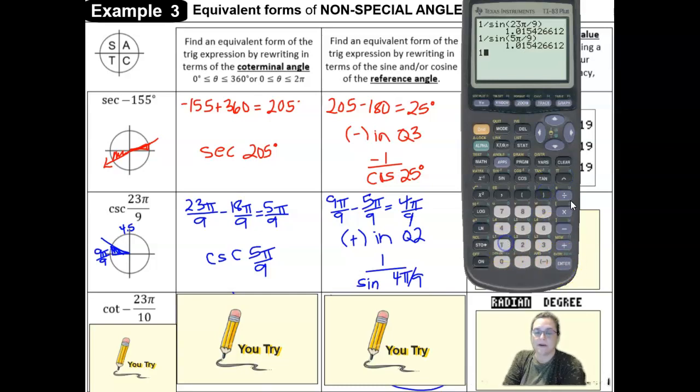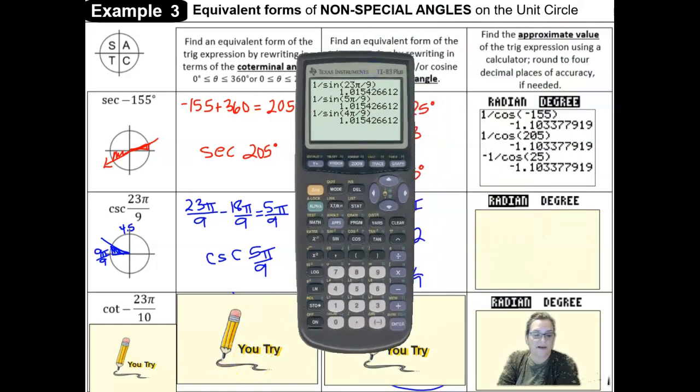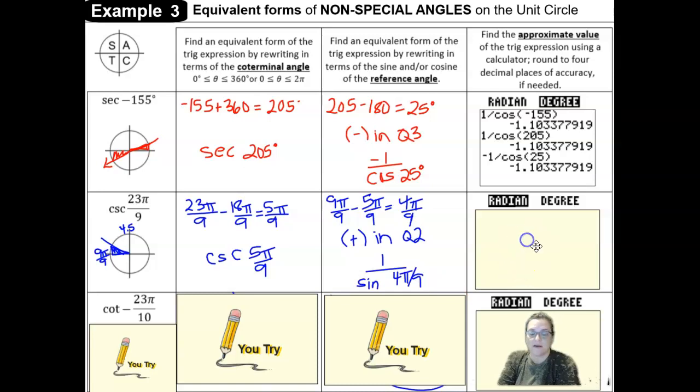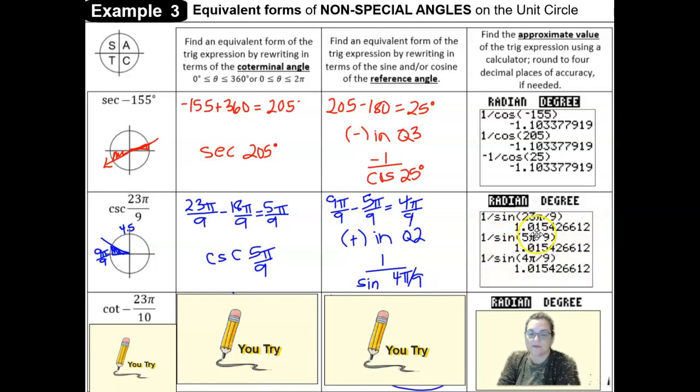And then we'll compare that to 1 divided by the sine of 4 pi over 9. And notice we get the same decimal approximation for all of them. So rounding to 4 decimal places of accuracy is going to be 1.0154.